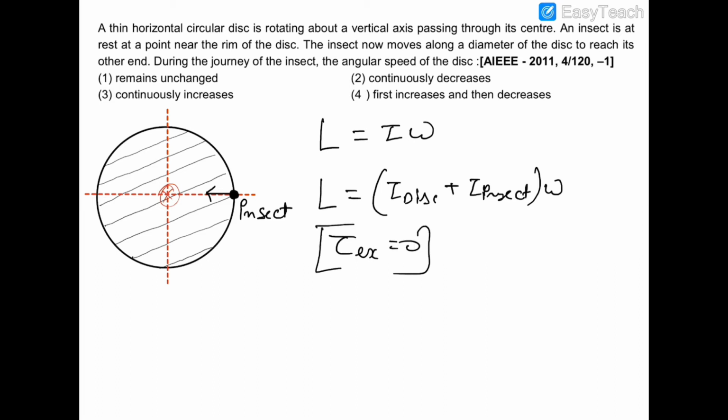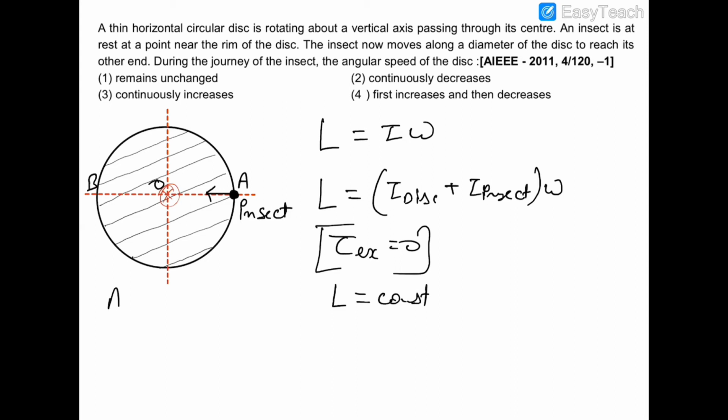So we can say that the angular momentum would remain constant. Let us name the points: this is A, this is O, and this is B.